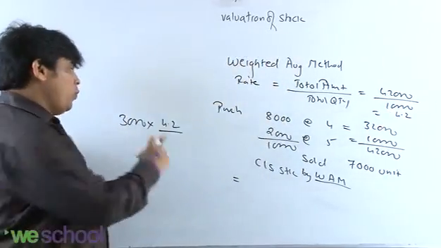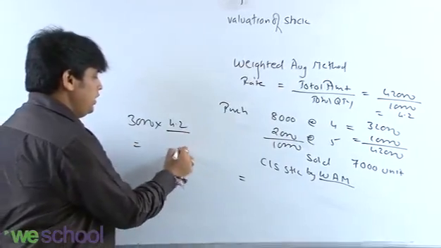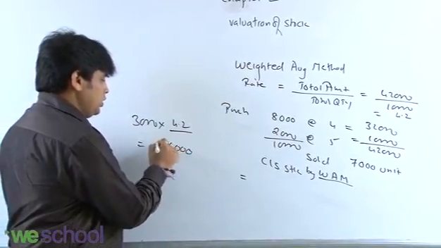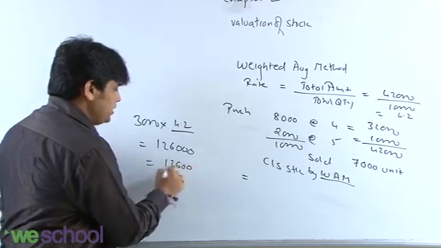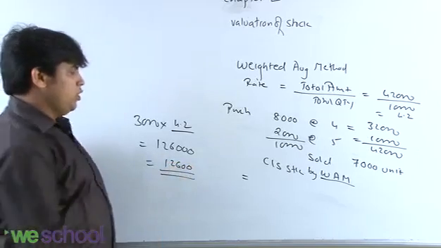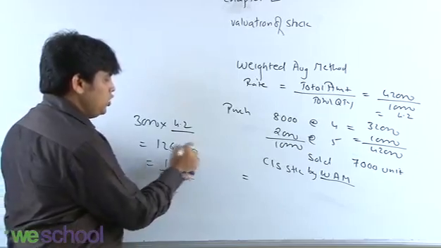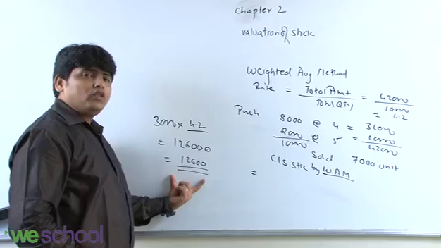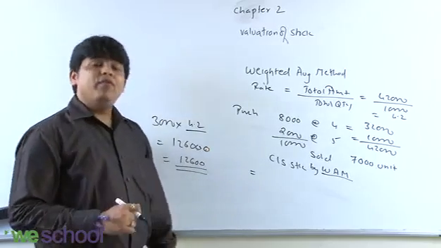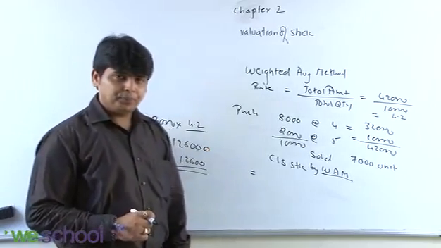Yes, so 4.2 into 3,000 will give you 12,600. So 12,600 will be the value of closing stock according to weighted average method.